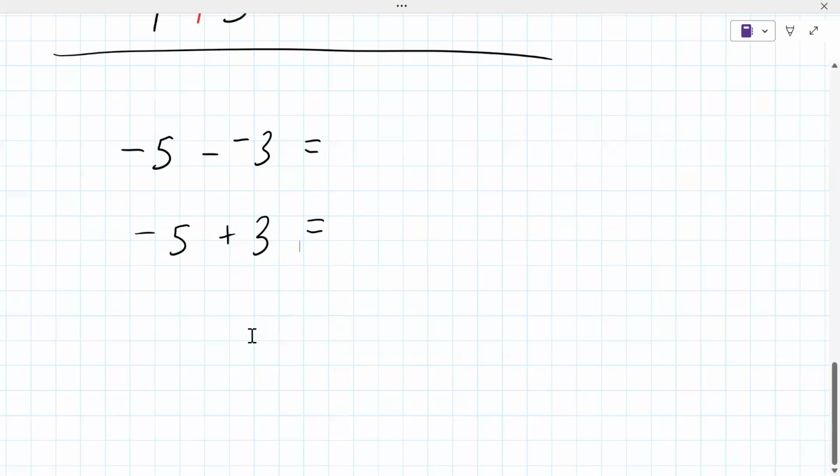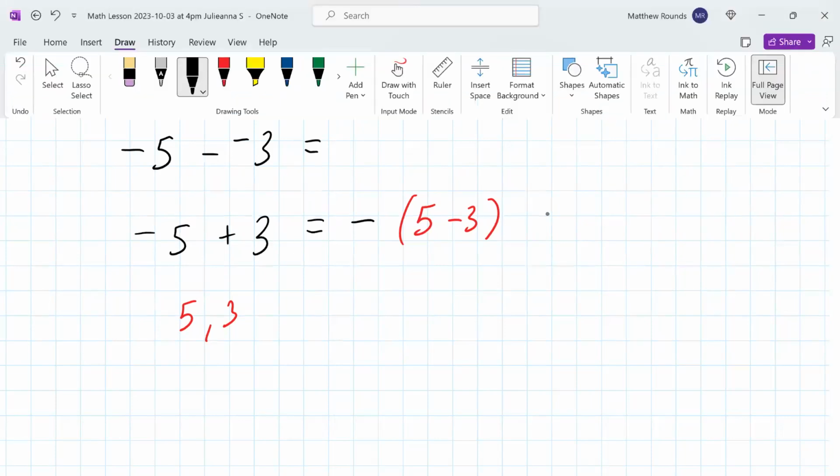Well, they're opposite in sign. Opposite in sign means you first determine the sign of the answer, which is further from 0, -5 or +3? -5. So the answer is negative. Then you take the numbers without the signs, and you take the larger and subtract the smaller. So 5 take away 3 is 2. So your answer is -2.